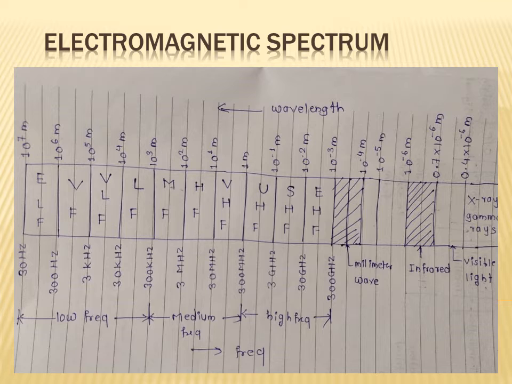The electromagnetic spectrum means the entire range of frequency or wavelength.